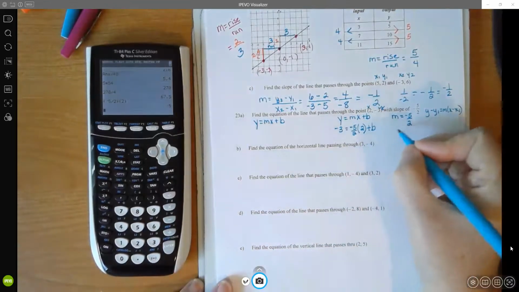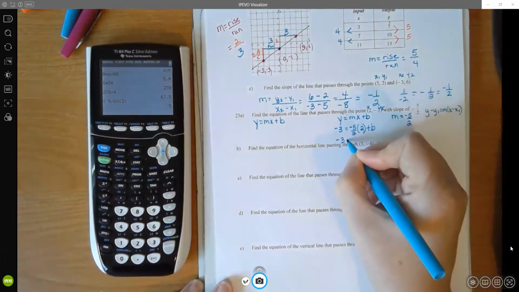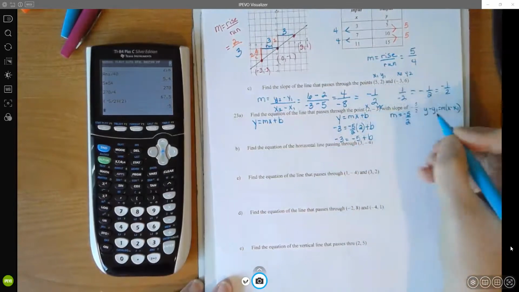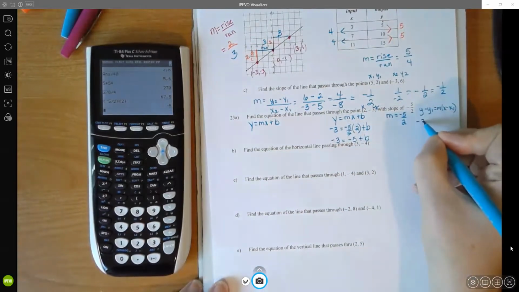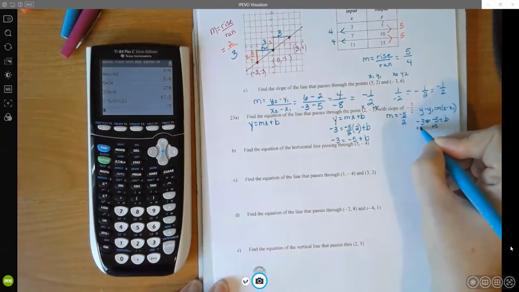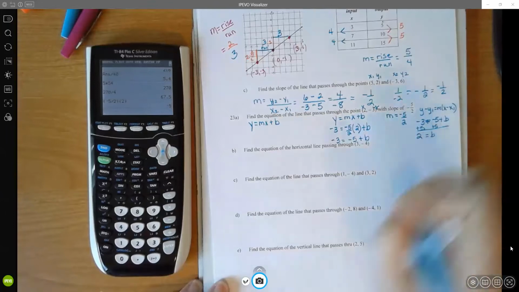That's going to give me -5. So that gives me -3 equals -5 plus b. I'm going to add 5 to both sides, and that gives me b equals a positive 2.